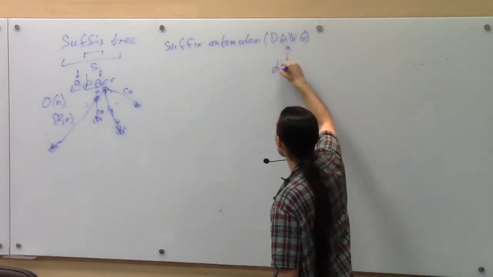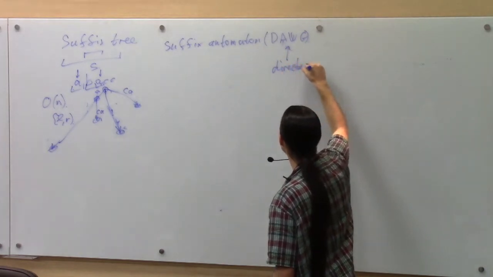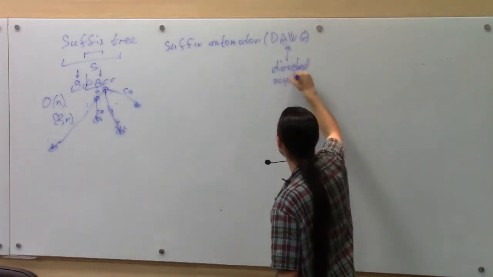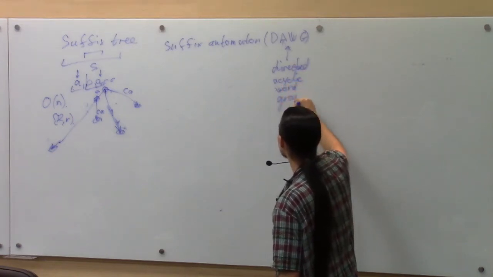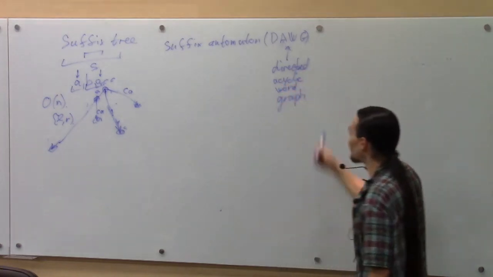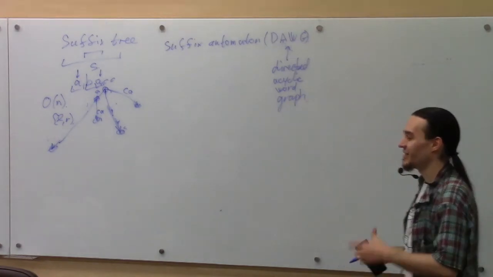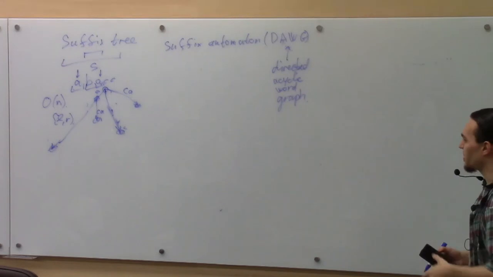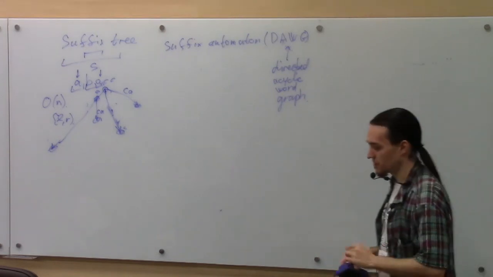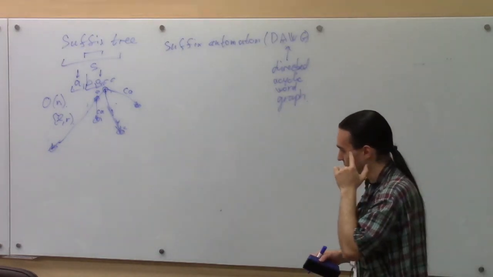And what that means is directed acyclic word graph. If you like this, you may use it instead. But I'm more used to suffix automaton, so I'm going to use suffix automaton.